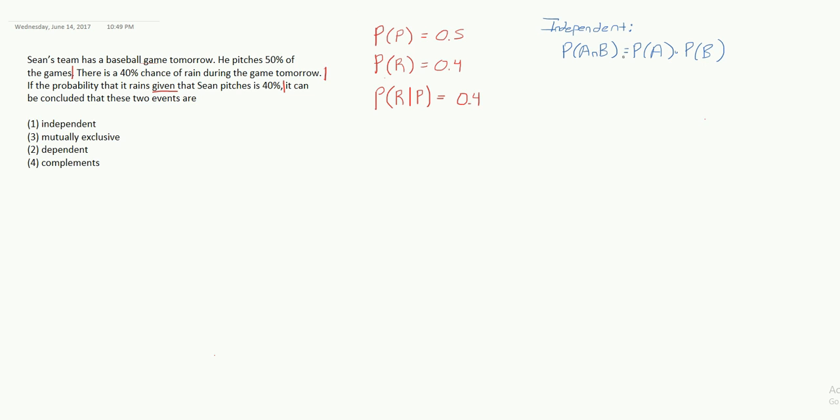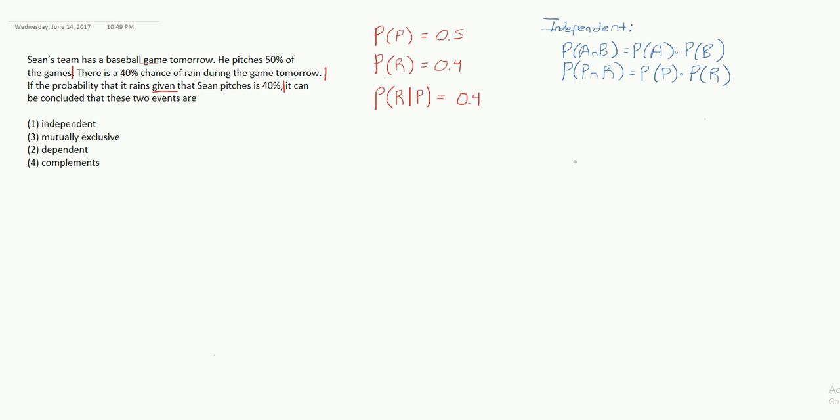And this formula holds as long as the situation being described is independent in nature. Well, we don't have things in terms of A and B, we have things in terms of P and R. So we want a formula that says the probability of P union R is equal to the probability of P times the probability of R. So what I'd like to be able to do is plug some values in here and see if the equation holds true.